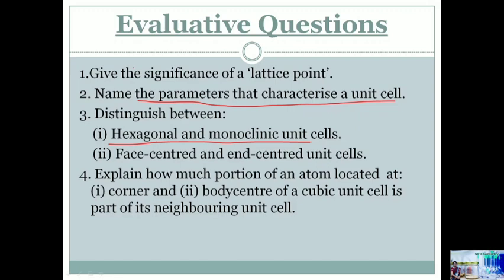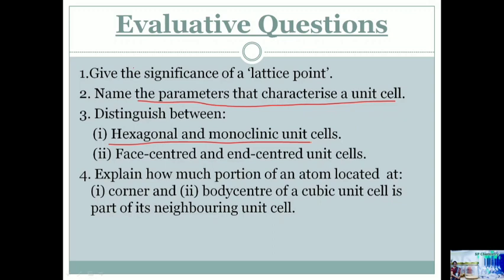An example of this is graphite. In hexagonal, two kinds of angles are present: alpha is equal to beta is equal to 90 and gamma is equal to 120. And an example of hexagonal is graphite.